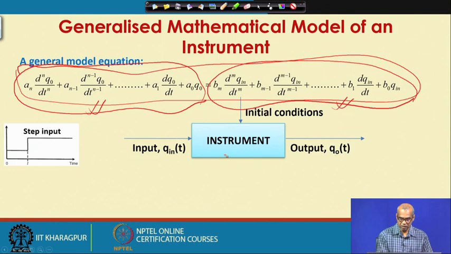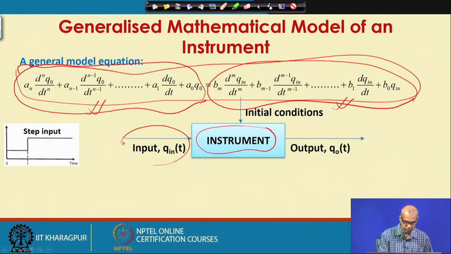Now I consider that this black box represents the instrument, and input goes to this instrument. Let us say it may be a step input, which says that input was steady up to time t. At time t, I have given a sudden change in the input value.